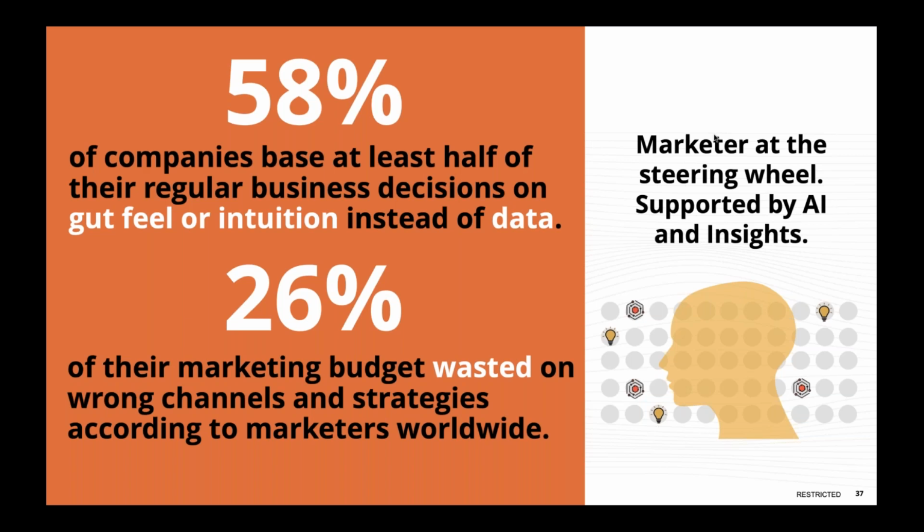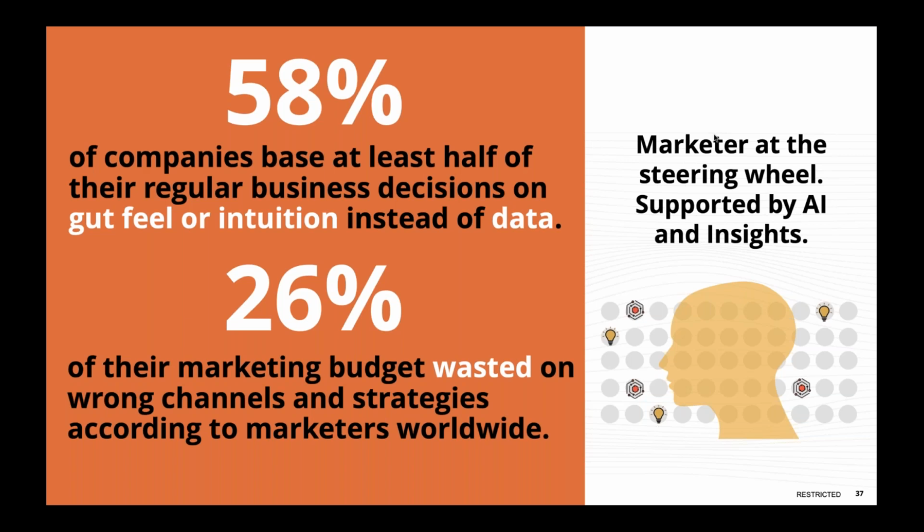And the reason we do this is because there is significant wastage within marketing. There's been a study done to say that 58% of companies base at least half of their business decisions on gut feel or intuition instead of data. And off the back of that, there's another statistic from a Rakuten Marketing study of 1,000 marketing execs, where they found that 26% of marketing budget is wasted on wrong channels and strategies.